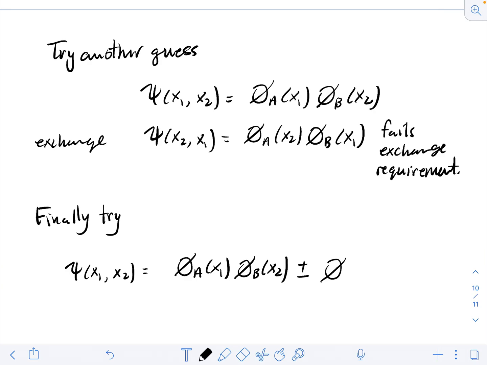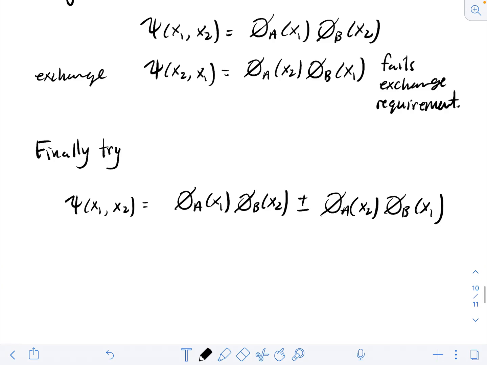And then we're going to add to that the opposite, where we have particle 2 in state A and particle 1 in state B. In fact, plus or minus will turn out to work.